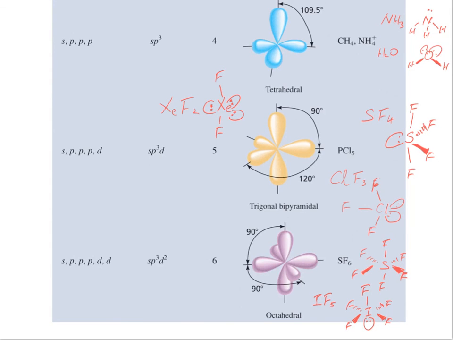So we have one lone pair and five bond pairs, a total of six. The six pairs have an octahedral arrangement, leading to sp3d2: 1, 2, 3, 4, 5, 6, six hybrid orbitals.